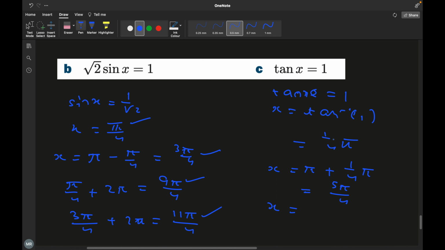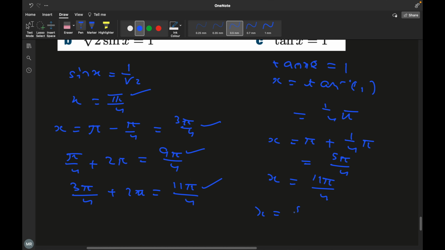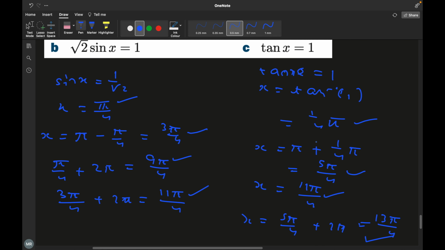The third and fourth values would be plus 2 pi, which is 9 pi by 4, and then 5 pi by 4 plus 2 pi, which is 13 pi by 4. These are our four answers. If you're getting confused with this, look at my previous playlist and then it'll be clear.